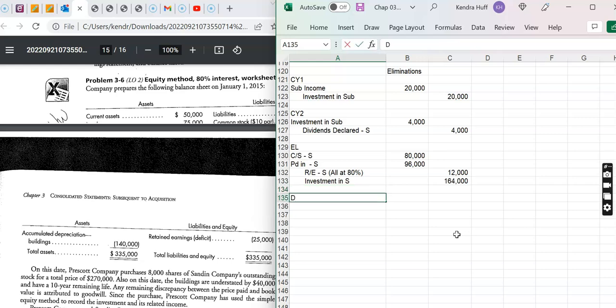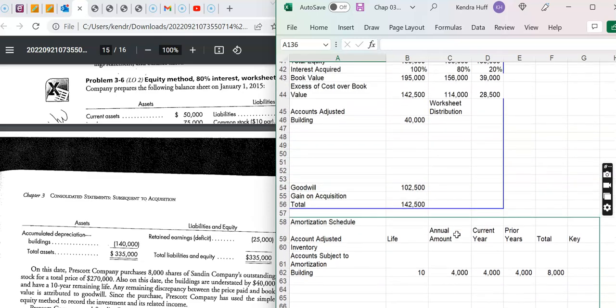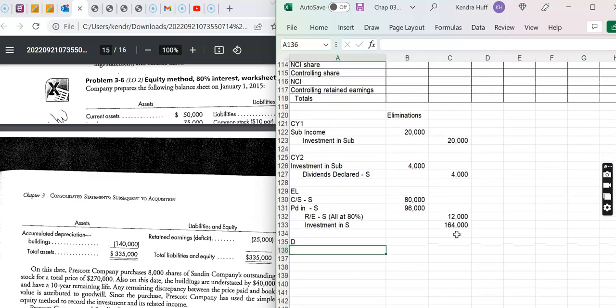All right, now I need to do my D's. And I have a building for 40 and goodwill for 102.5.